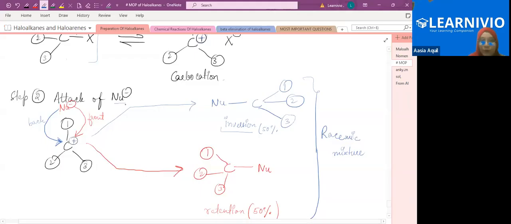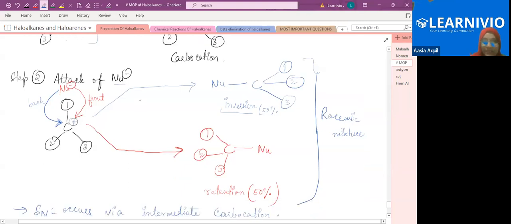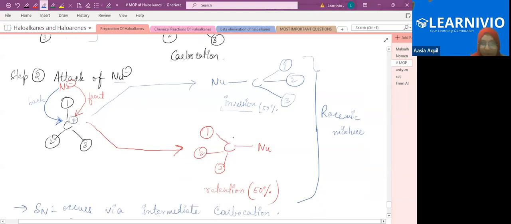Suppose the nucleophile attacks from the front, the red color that I showed. So attach it in front, on the right side of this carbon. The nucleophile will attach to this carbon from the right side. When the nucleophile attacks the carbocation from the front, you will get the retention product.